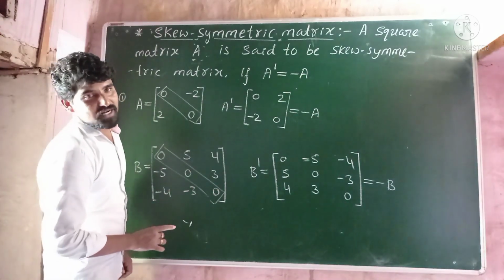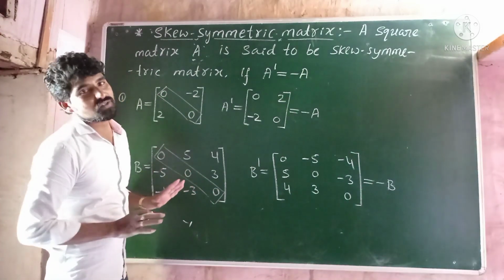In every skew symmetric matrix, the diagonal elements are always equal to 0.